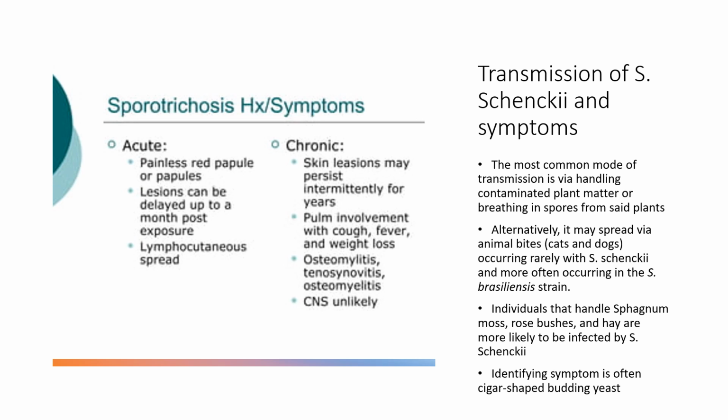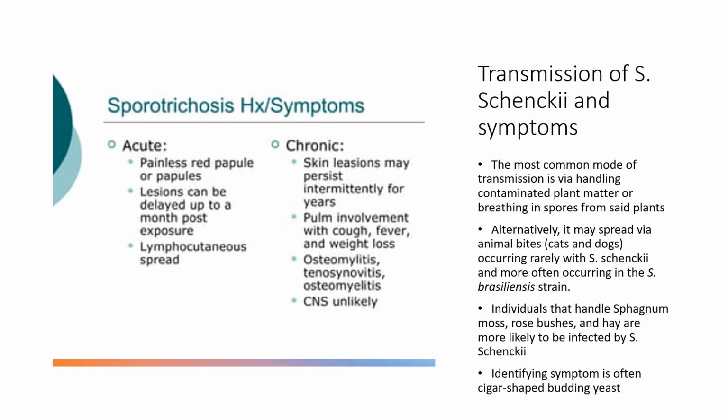The most common way that sporotrichosis, and in particular S. schenckii, spreads is via contaminated plant matter and improper use of personal protective equipment when handling said matter. Alternatively, it can spread via animal bites, but is not as associated with animals as the brasiliensis strain found in South America.